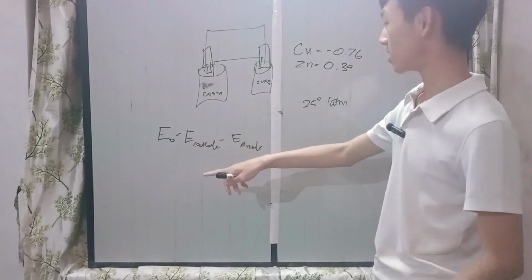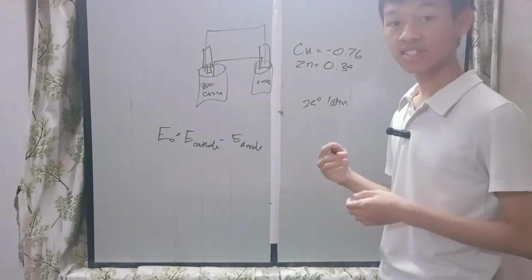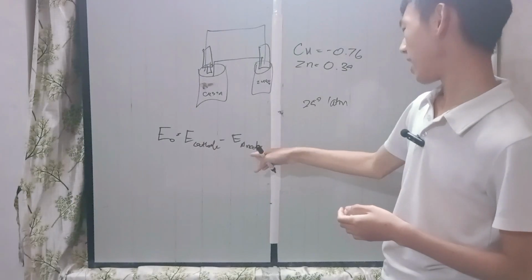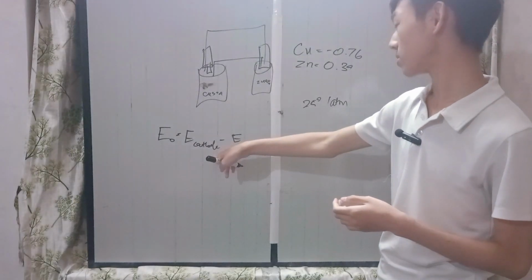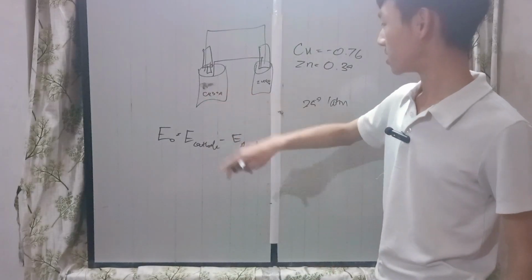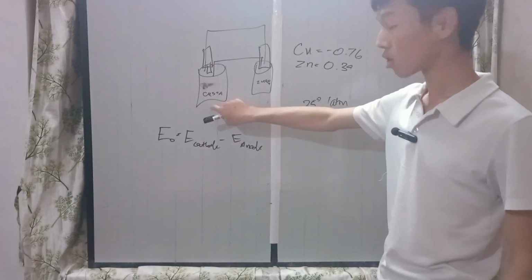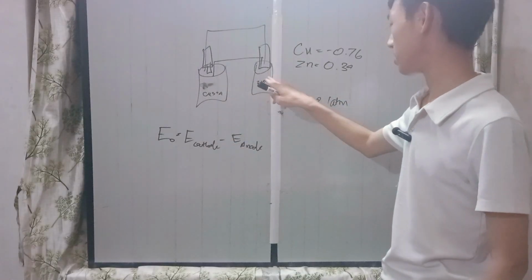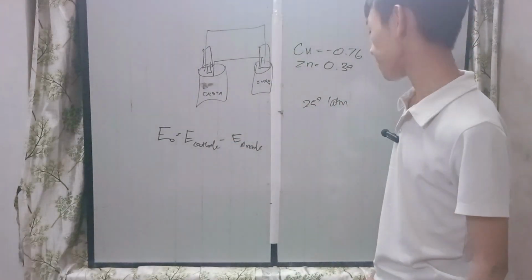The anode is negative, the cathode is the positive terminal. So the anode here is this copper plate, and the cathode is the zinc plate.